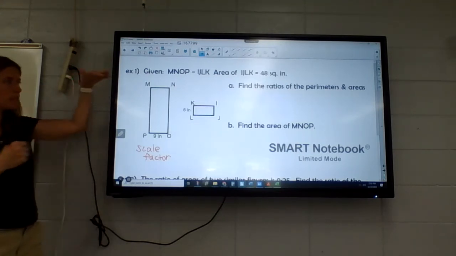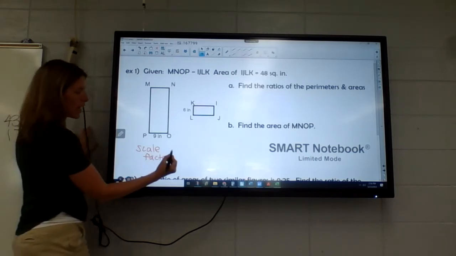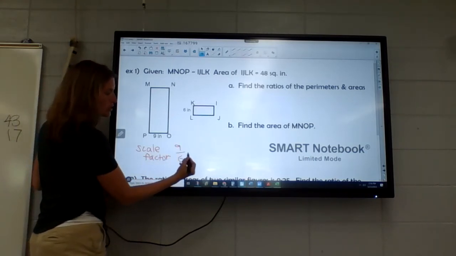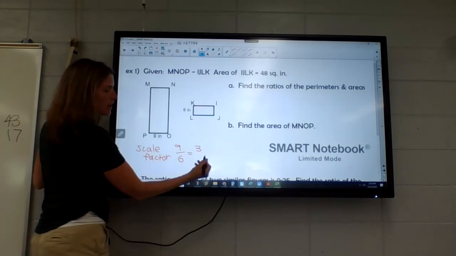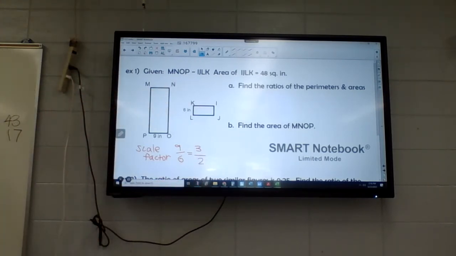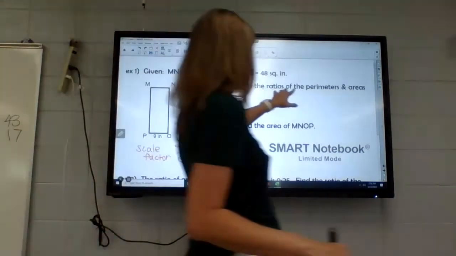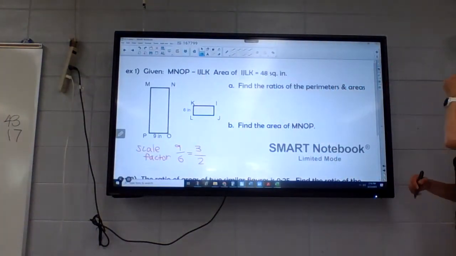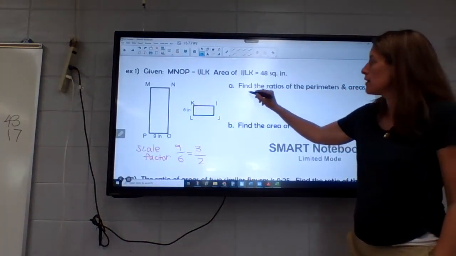It should be the bigger one to smaller, so bigger is going to go on top. We'll go 9/6, which is 3/2. I see. So what he was trying to say with 2/3 is the second one is 2/3 of the big one. Yeah. So that's the idea. So 3/2 we'll probably call that scale factor. So the ratio of the perimeters compared to the ratio of the areas.